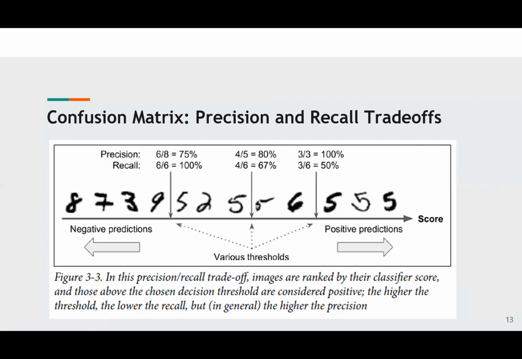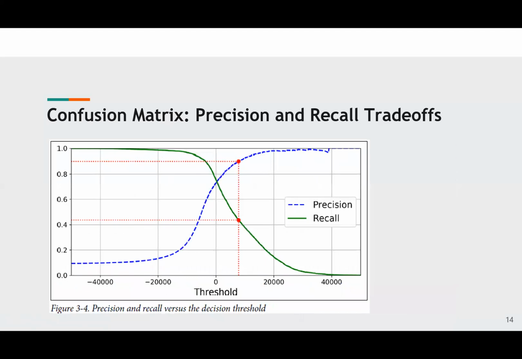So with different thresholds, you are trying to make a trade-off between precision and recall. In different algorithms, you probably want to focus on different aspects of the metric. It could be you are looking for higher precision. It could also be you are looking for higher recall.